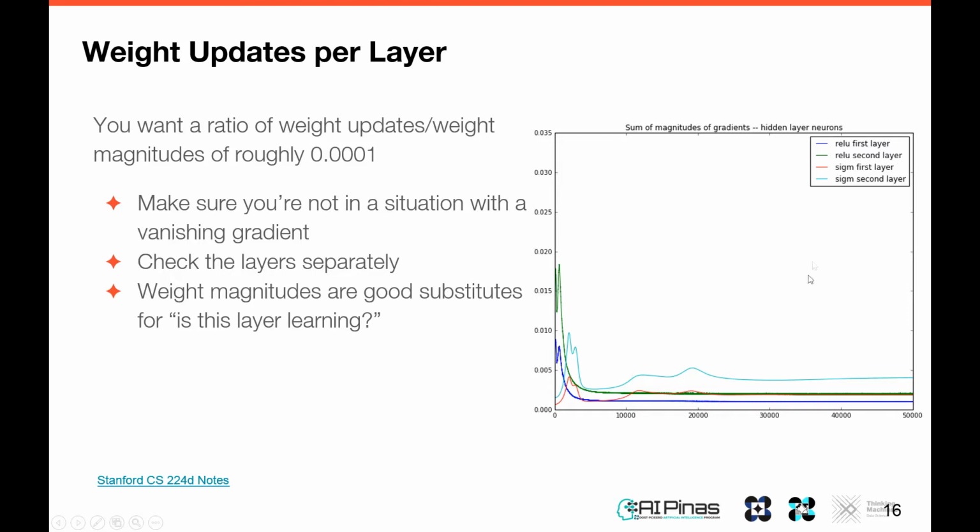Here is a graph of the sum of the magnitude of gradients for hidden layer neurons for the first and second layer of two different types of deep neural networks. One's ReLU and the second sigmoid. So this is showing that over the number of epochs, the sum of magnitudes for the first layer of this ReLU is very much approaching 0, which is not good because it indicates that it's not really training.